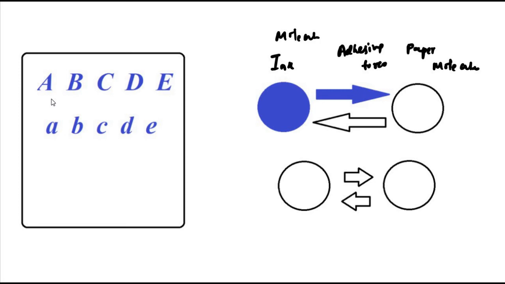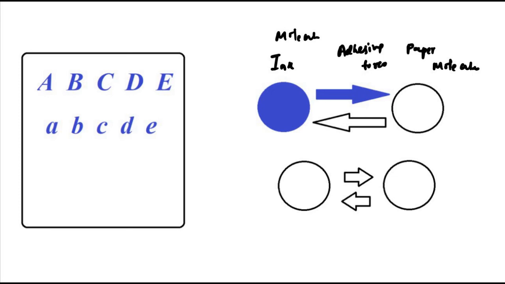It holds that shape, it does not overflow, because of the adhesive force between liquid ink and solid paper. Okay, and that's why the adhesive force between ink and paper is greater than the cohesive force between the paper molecules or the cohesive force between the ink molecules.